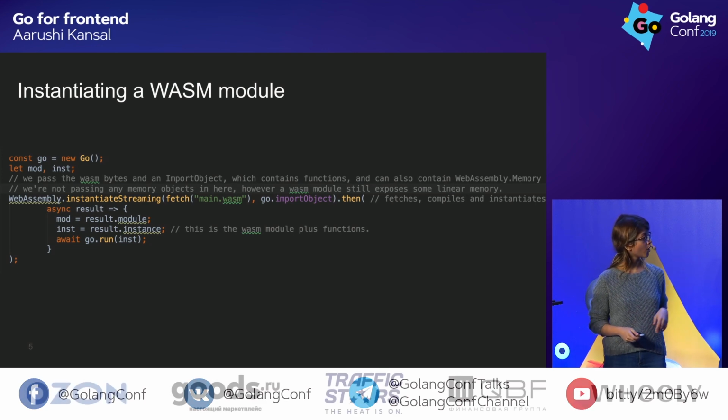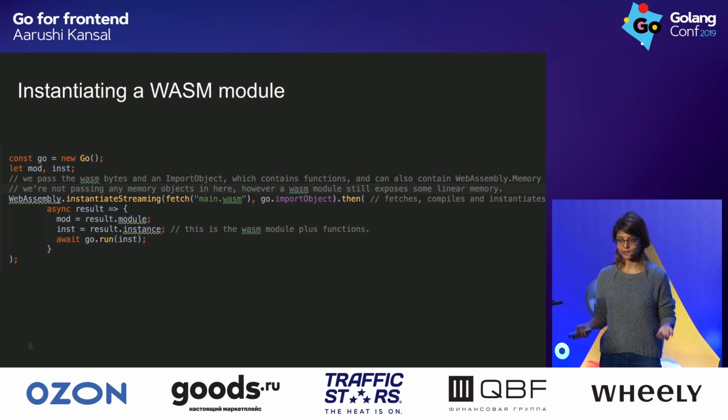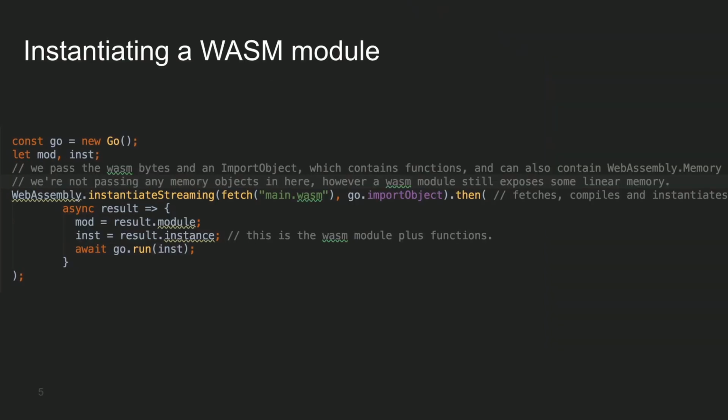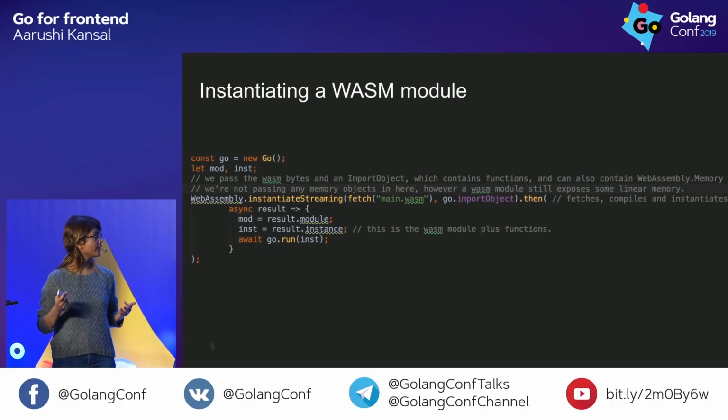It comes from your wasm_exec.js, which is very important when you're using Go for WebAssembly. And your instantiateStreaming is what does the fetching of your bytecode, compiling, and then instantiating a WASM module.